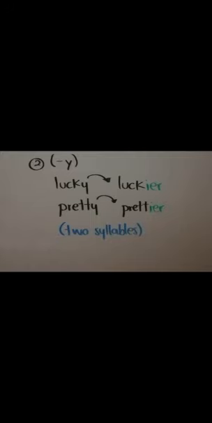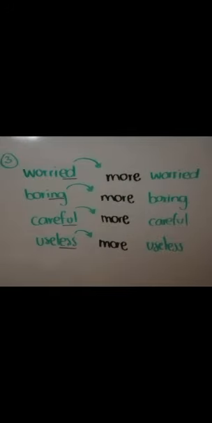And then I have my rule number 3, which is for the adjectives that finish in ed, as worried, in ing, as boring, in full, like careful, or in less, like useless. The only thing that you have to do is add more at the beginning, not at the end, just at the beginning, and just more.